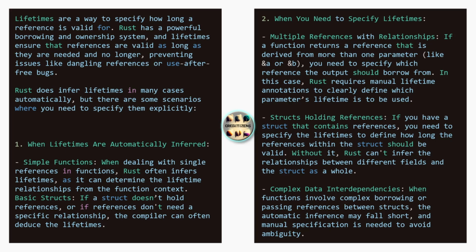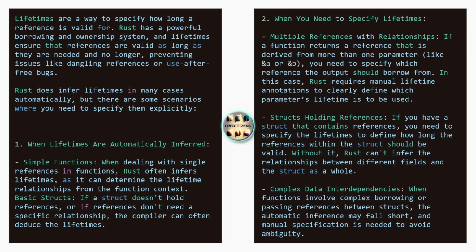Another reason to specify lifetimes, complex data interdependencies. When functions involve complex borrowing or passing references between structs, the automatic inference may fall short, and manual specification is needed to avoid ambiguity.